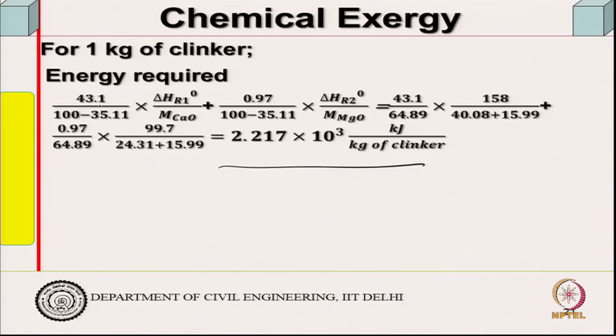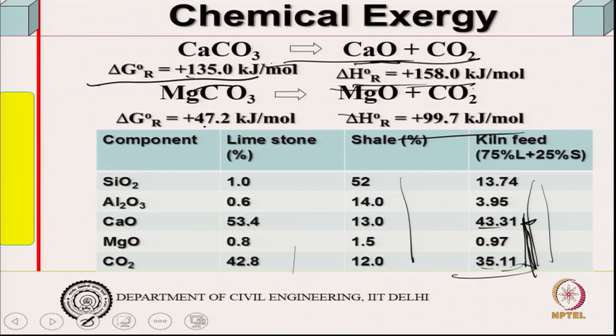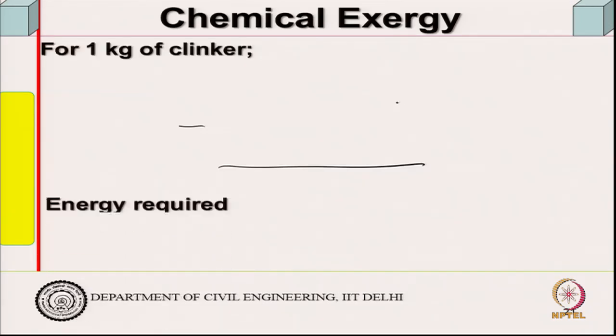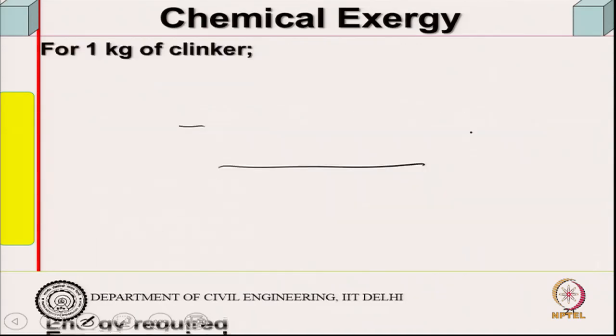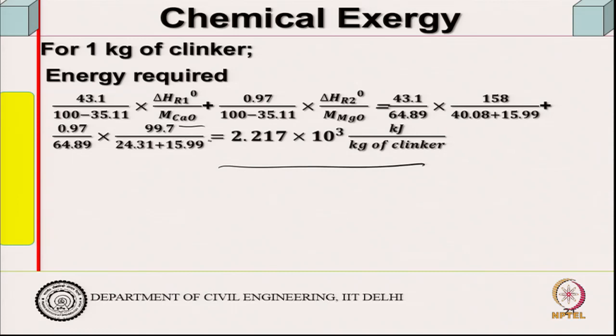This 100 minus 35 is the solid part, and it requires this much for magnesium or calcium. This is totally for both magnesium and calcium; both are taken into account. So, this is calcium oxide. For calcium oxide, this is the delta H, the molecular weight of calcium oxide, and how much was this? 158. Yeah, this was 158, this is 99.7. This part is for magnesium, and this part is for calcium.